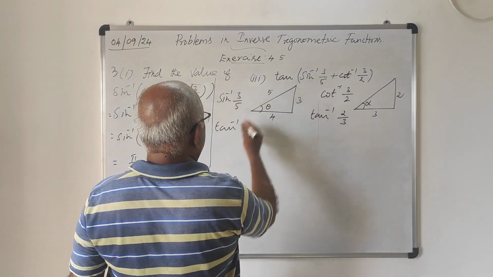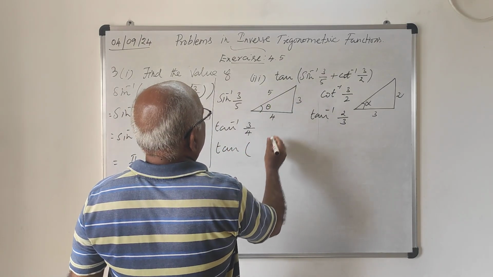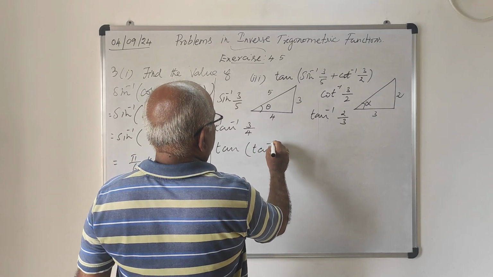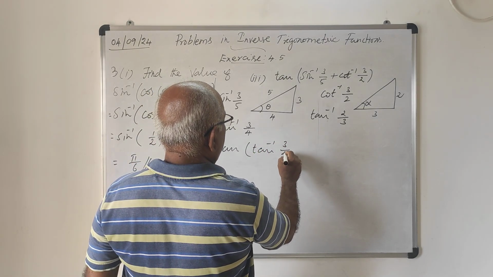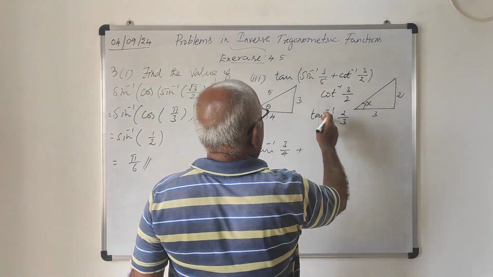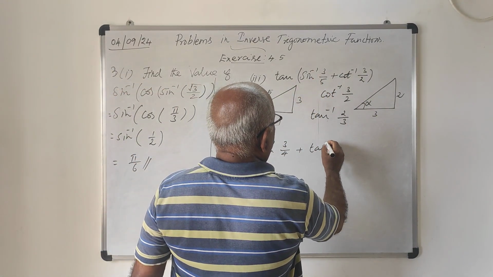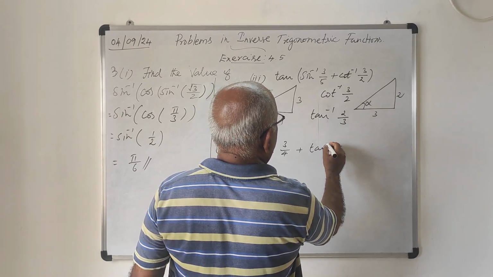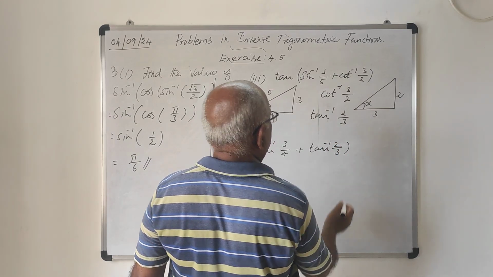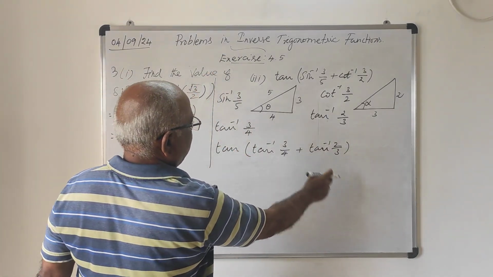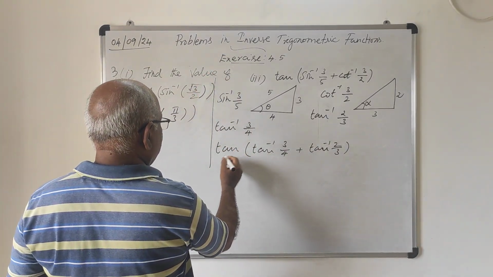Therefore, tan of sin inverse of 3 by 5 can be replaced by tan inverse of 3 by 4, plus cot inverse of 3 by 2 is replaced by tan inverse of 2 by 3. So the problem becomes in terms of tan inverse.